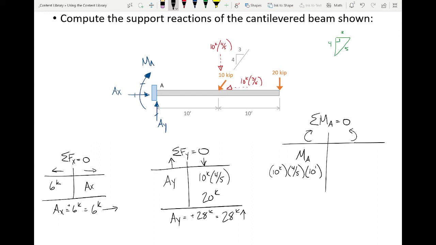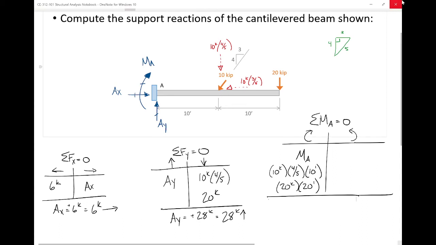So 20 kips. Do I have anything over here? No. Uh-oh, Raggy, what do we do about that? Give up. That's funny. No, we don't give up.